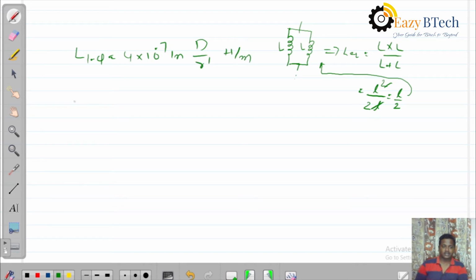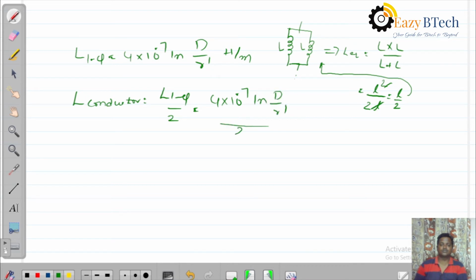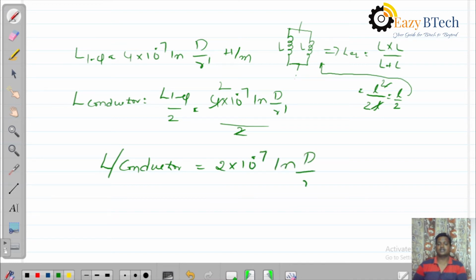From that, we can calculate inductance per conductor. What is inductance per conductor? It is L single phase divided by 2. How much you get? 4 into 10 power minus 7 ln d by r dash divided by 2. You can get the inductance per conductor in a solid conductor is 2 into 10 power minus 7 ln d by r dash.